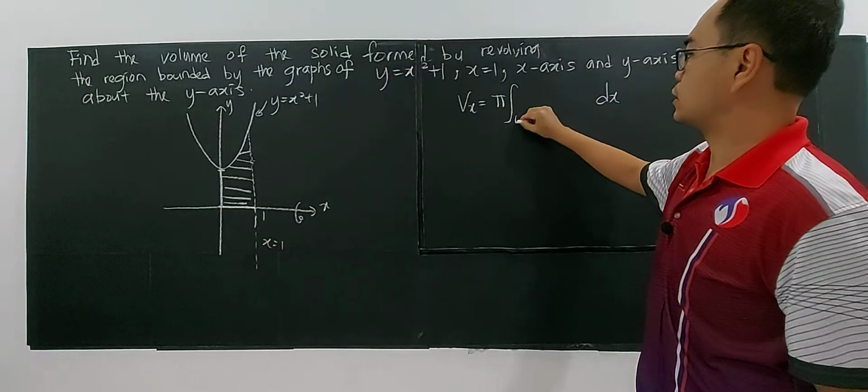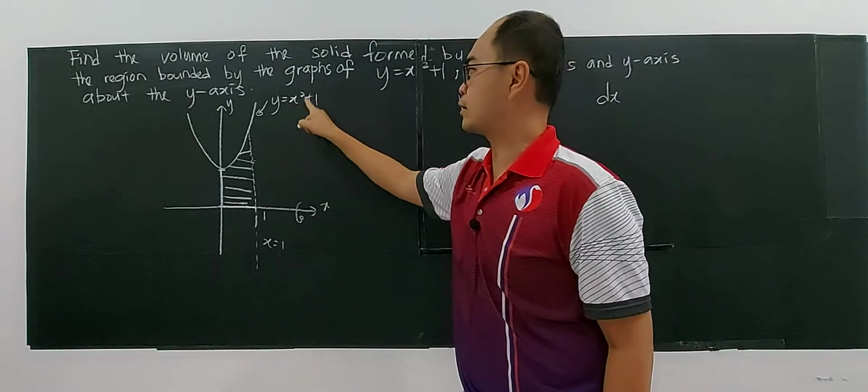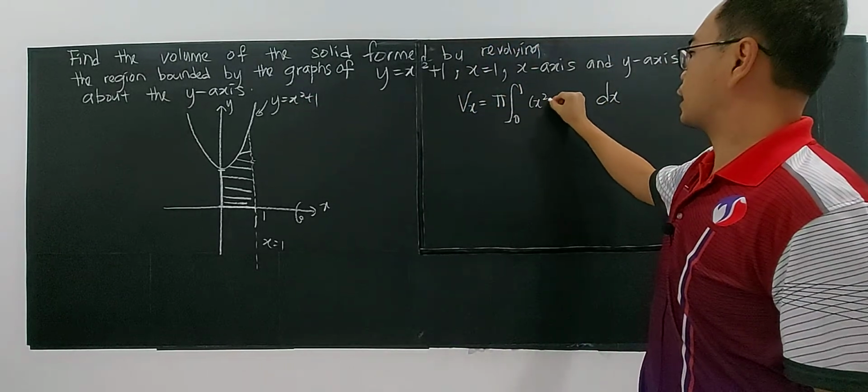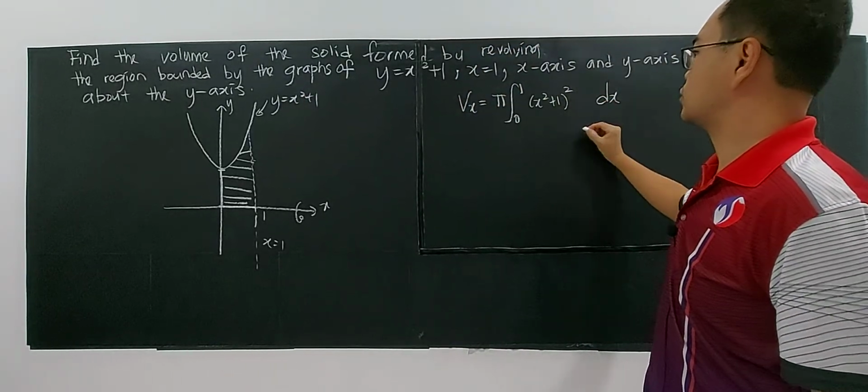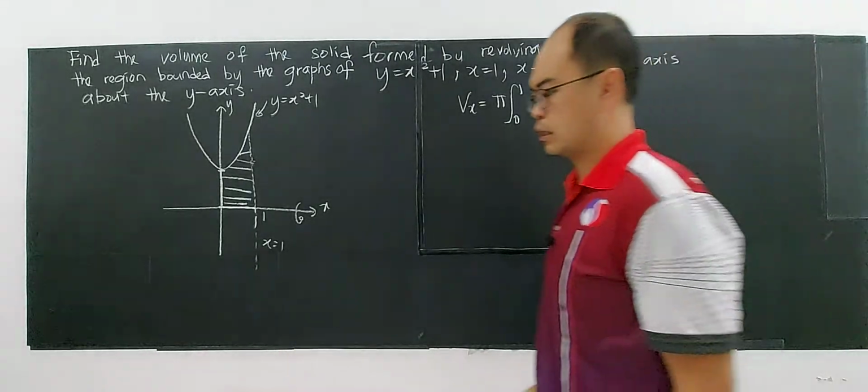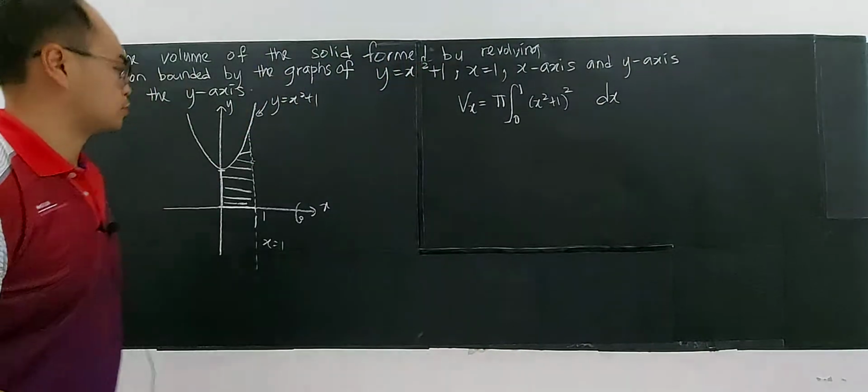Of the graph y equals x squared plus 1, so (x squared plus 1) to the power of 2. Then we carry on with the integration and we find the volume.